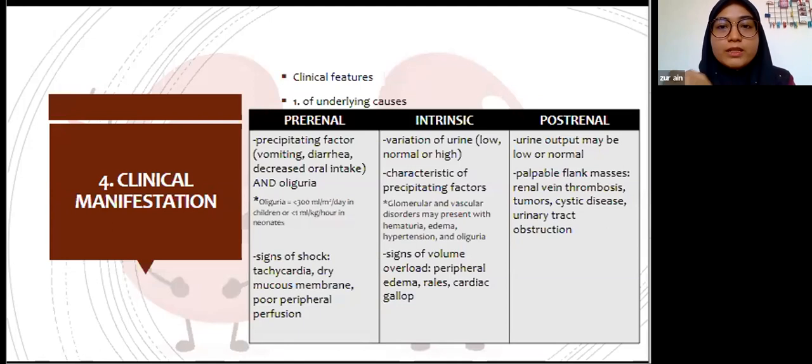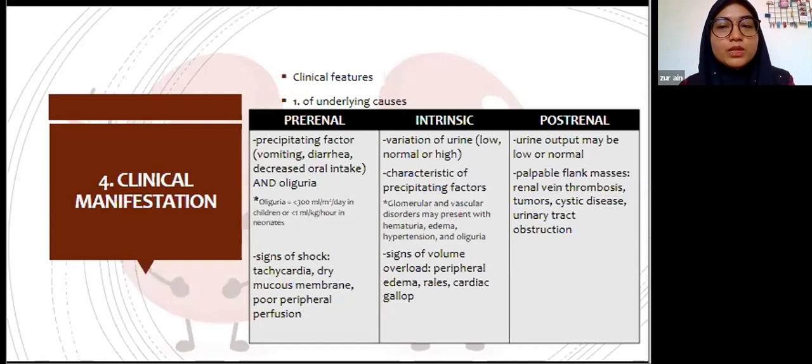For pre-renal, because we already talked about the causes, for clinical features we must look for any risk factor of hypovolemia or reduced perfusion to the kidney, such as vomiting, diarrhea, or reduced oral intake, and it must also be associated with oliguria or reduced urine output.